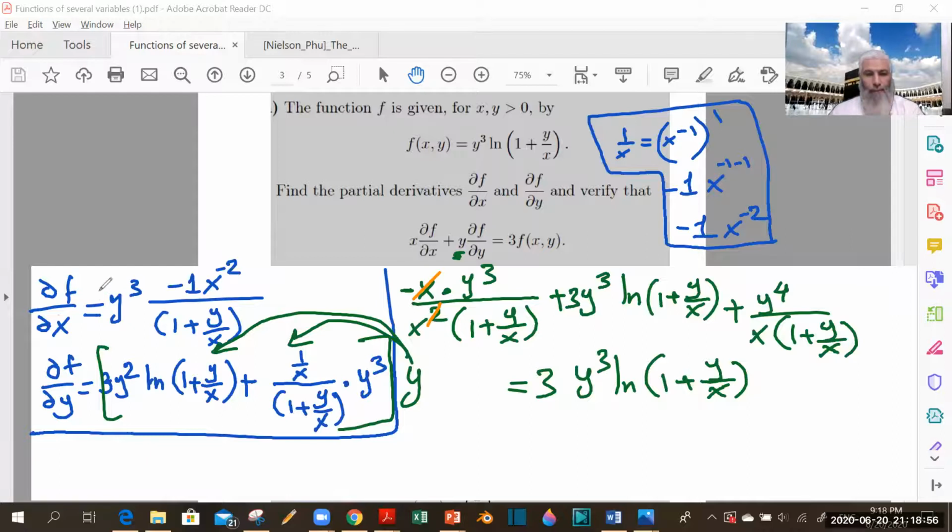What is df/dx again? df/dx: y cubed minus 1 x to the power negative 2, over 1 plus y over x. df/dy.